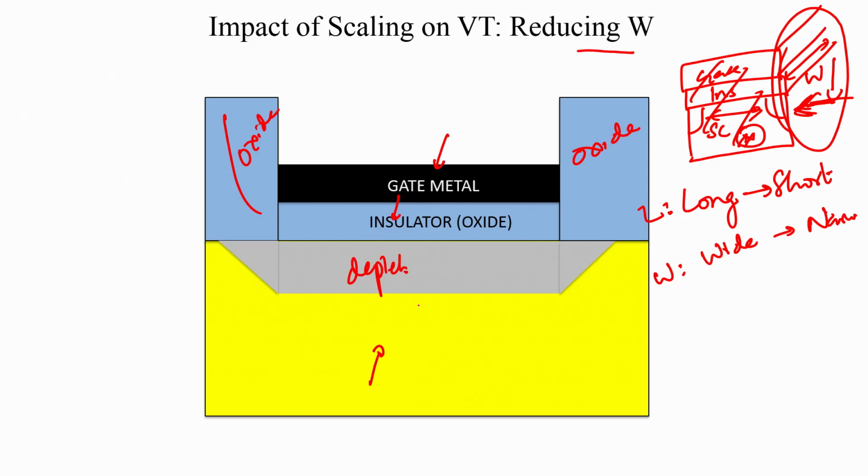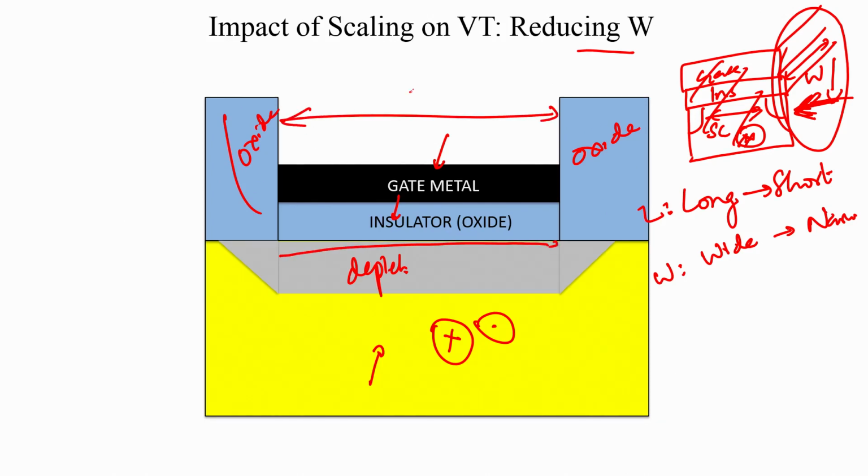It is all insulator, and the source is somewhere outside the screen and the drain is somewhere inside the screen. So, the channel lies in and out of this plane. We are looking through the device in this direction, and therefore, this is the channel width of the device, or this is the intended channel width of the device.